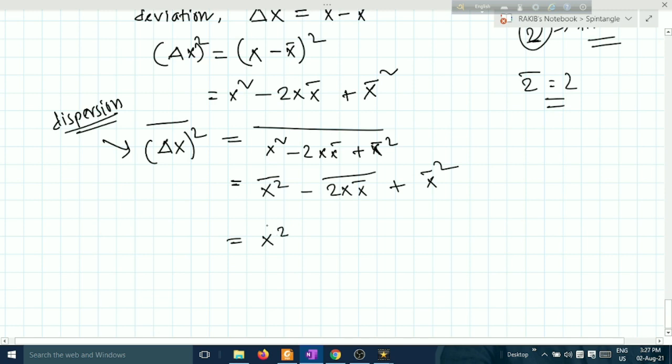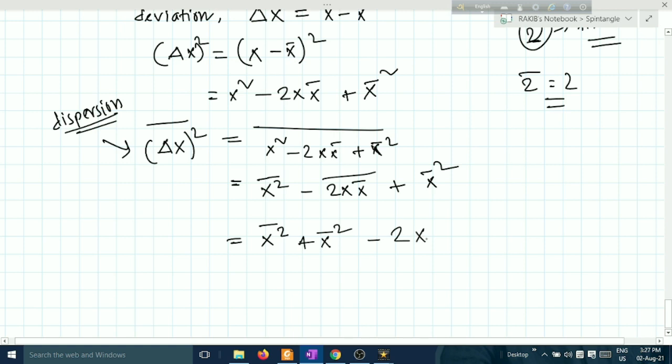x square bar minus, what we can do here, we can do here x bar squared plus x bar squared minus 2.